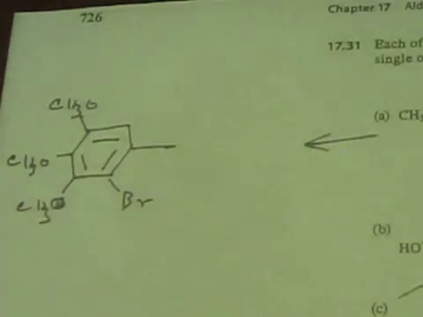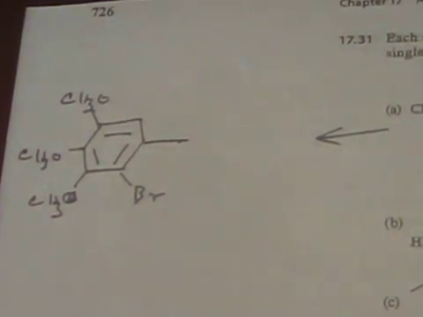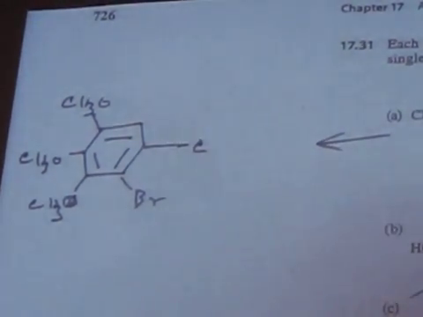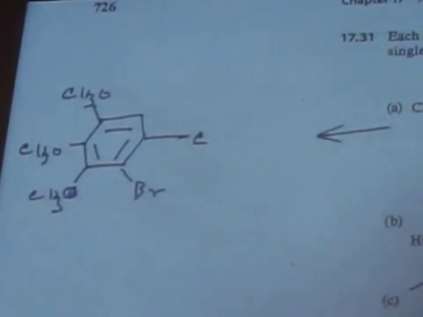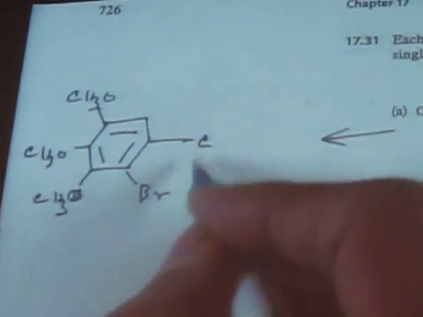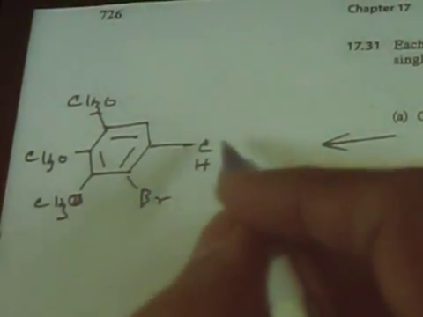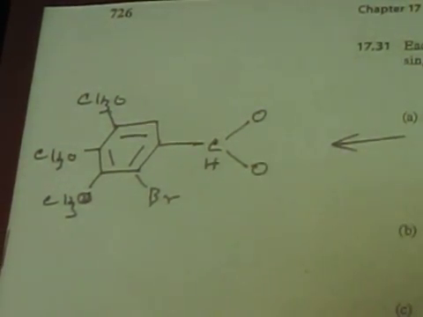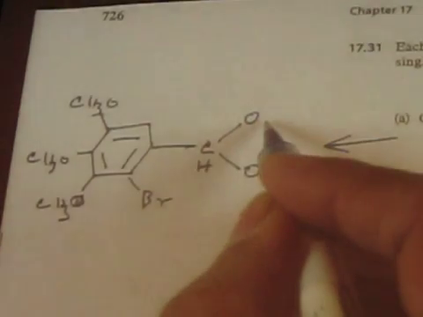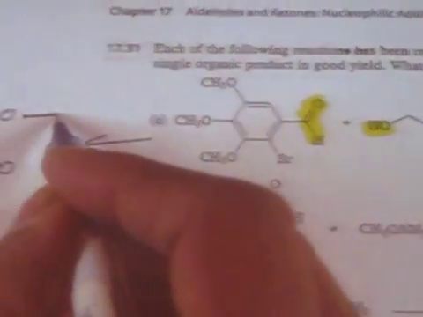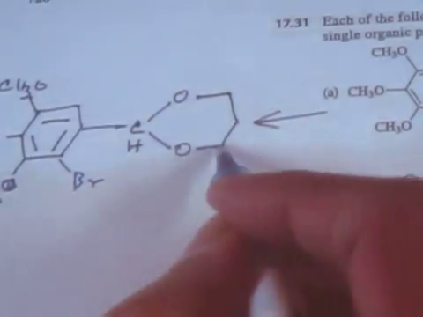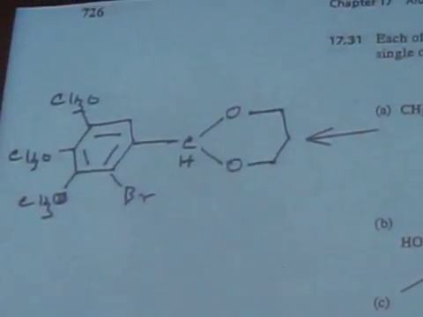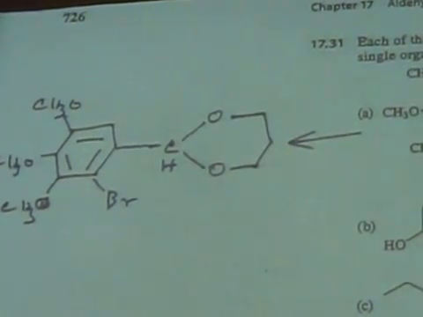Now this carbon is going to form an acetal, therefore these two oxygens would be attached to it. The hydrogen remains there, but the two oxygens will be attached. And between the two oxygens we have 1, 2, 3 carbons. This is going to be the product, essentially forming an acetal.